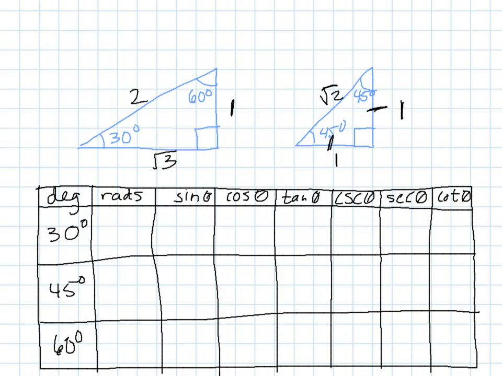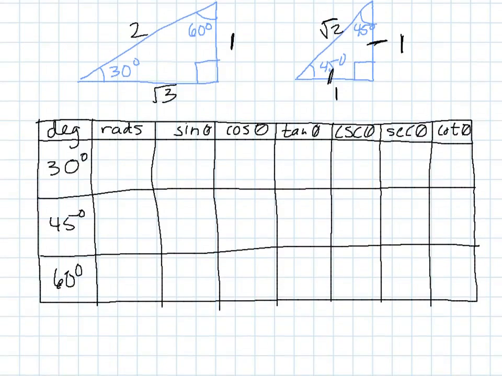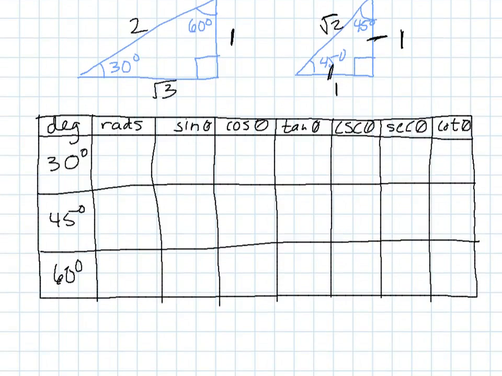Okay, so using these values, we can figure out some different values to use for shortcuts. This will jump into our unit circle that we talk about later down the road.